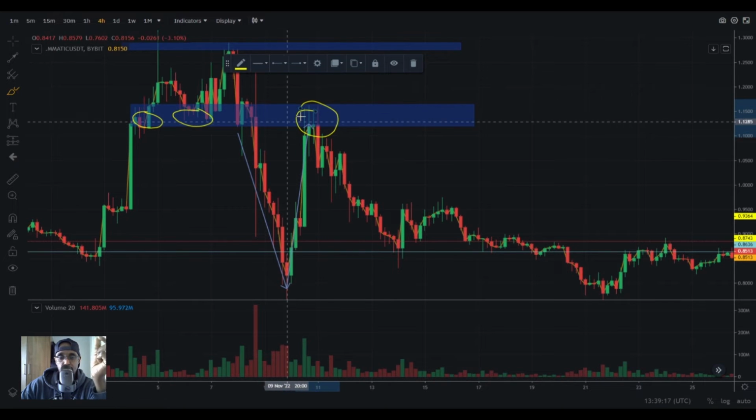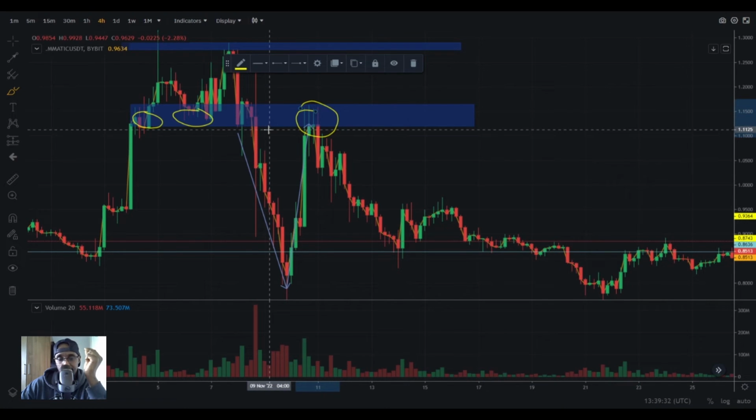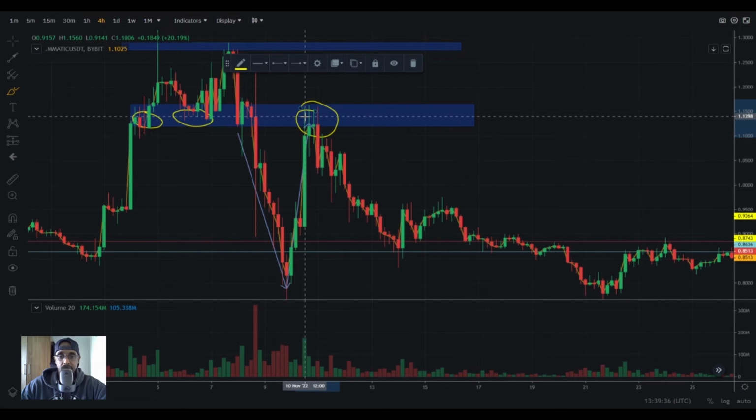So that will be my entry point for us to continue to break further down. Because we went sideways for a little while, the first sign that we broke down, and it didn't pull back from here straight away, it means it is highly probable that it will come back up into this zone here to give you a stronger confirmation that we are going to continue to go down.